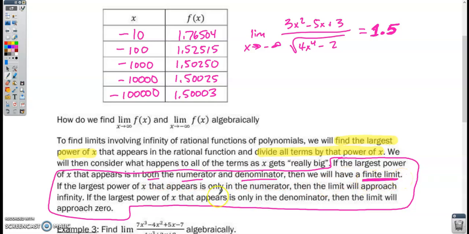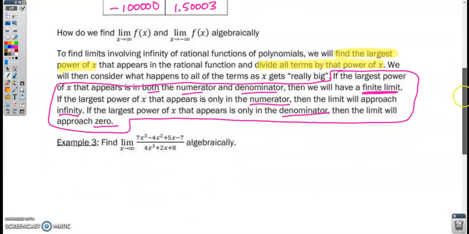If the largest power is only in the numerator, the limit's going to approach infinity. If the largest power is only in the denominator, the limit will approach 0. I can actually use that to keep myself from having to do any work. I can just look at the limits and see when it's either of these last two situations. So let's take a look at what this looks like.